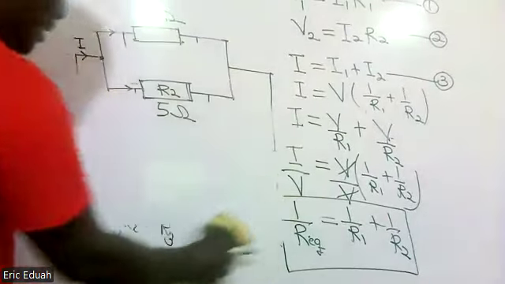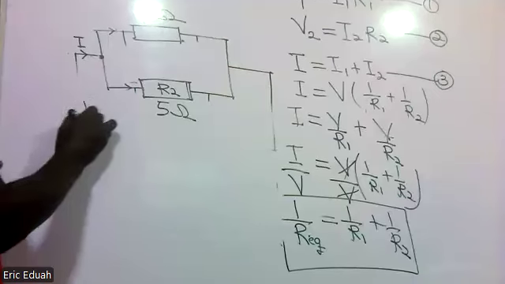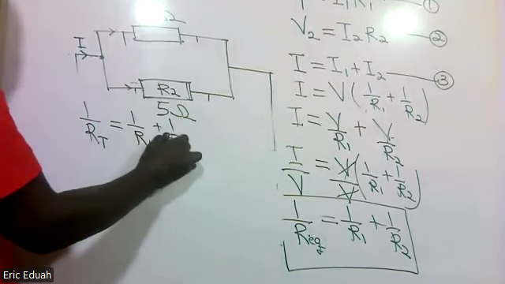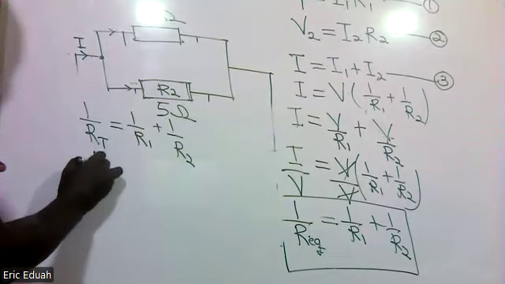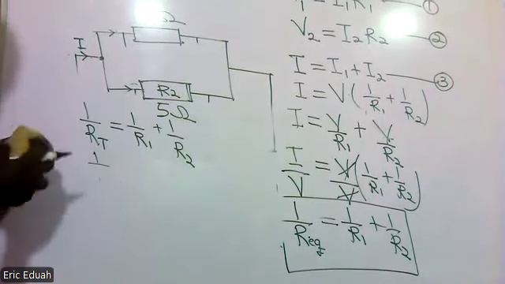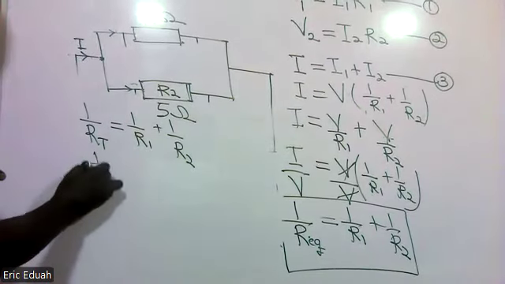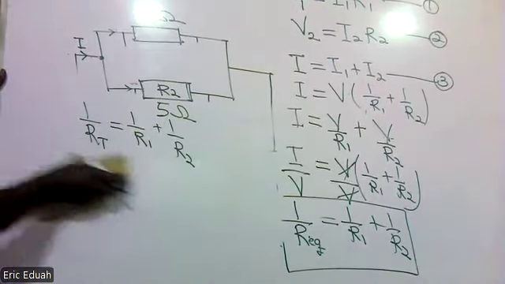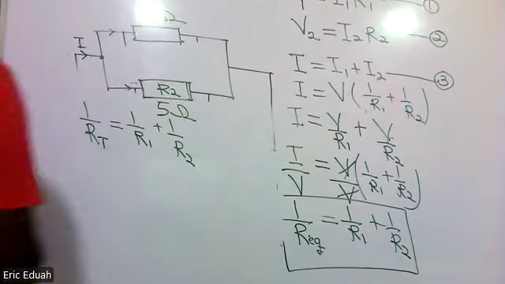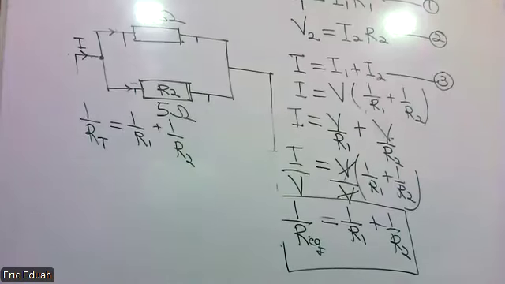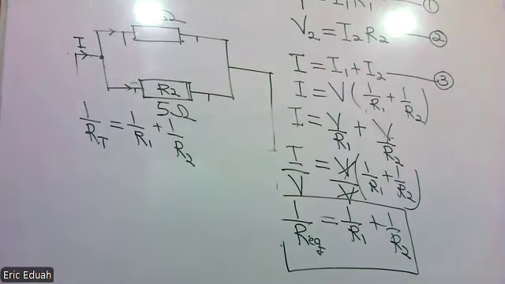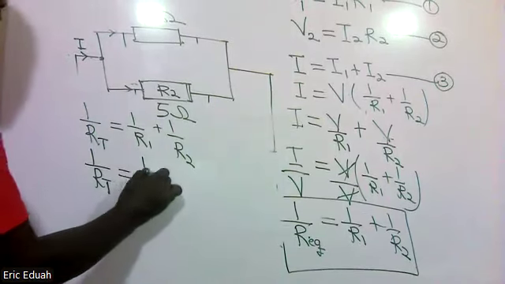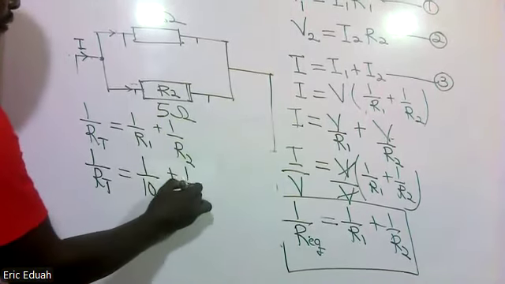If I'm to calculate the total resistance, because 1 over R total is equal to 1 over R1 plus 1 over R2, 1 over RT must be equal to 1 over 10 plus 1 over 5.